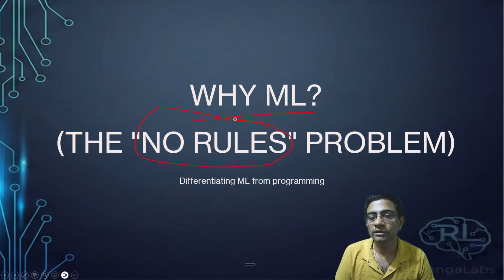It looks like technical jargon, but as we progress in the video, you'll understand it's a very simple concept, and why no rules is very important for machine learning methods. Okay, so that is what we are going to do, differentiate machine learning from programming.